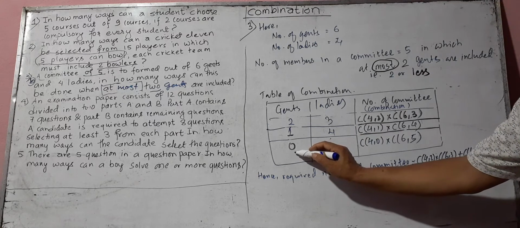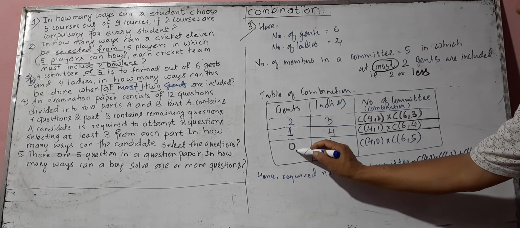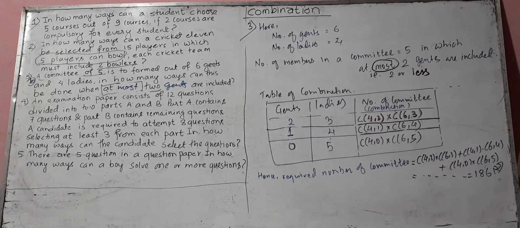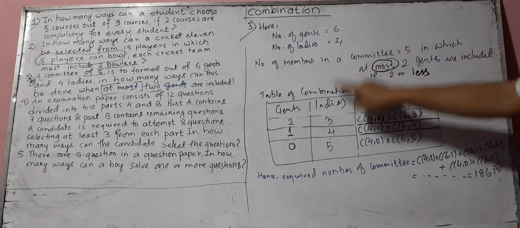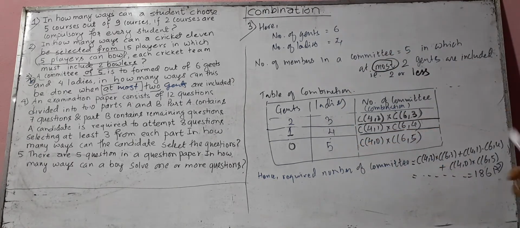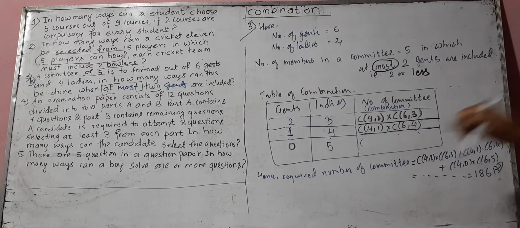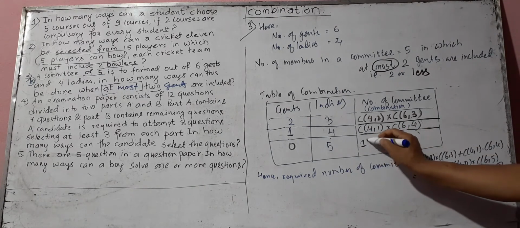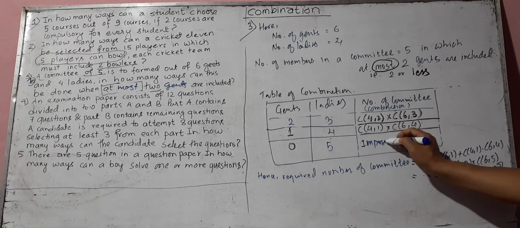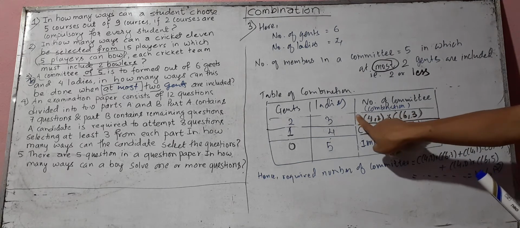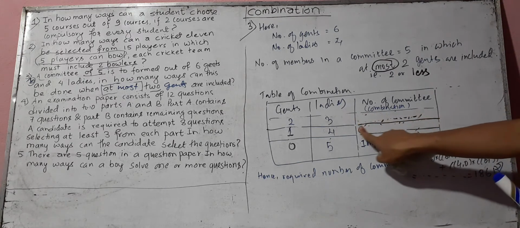If there are no gents, then all members are ladies, but there are only 4 ladies, so this combination is impossible. So we have only the first 2 combinations.